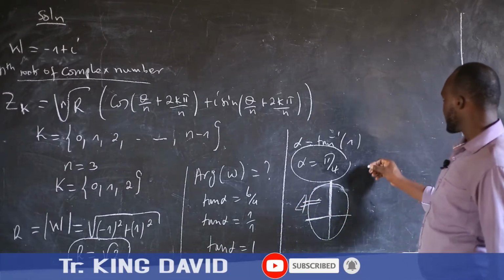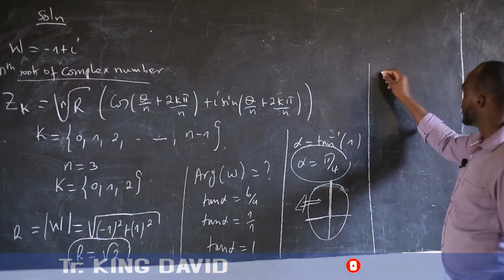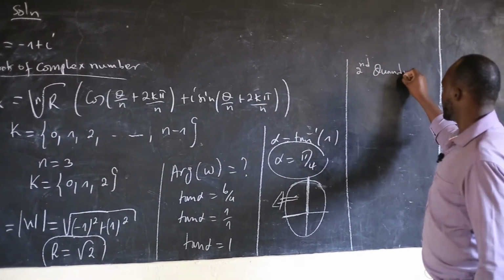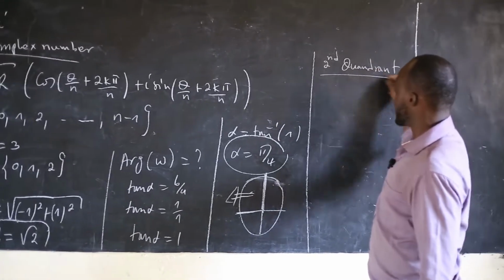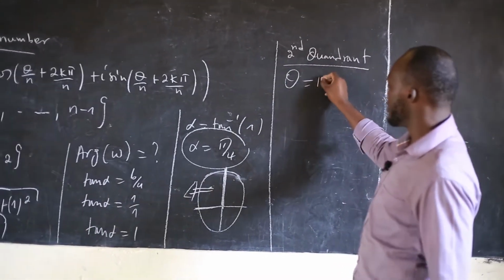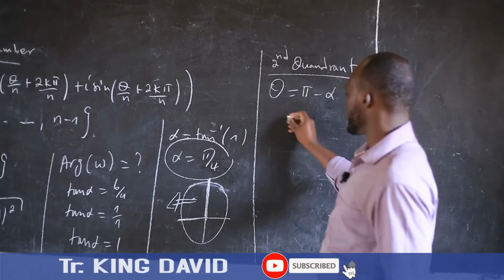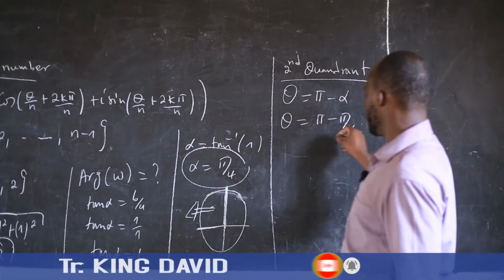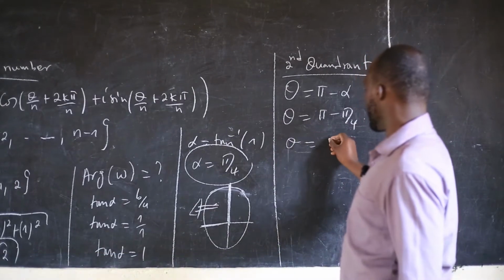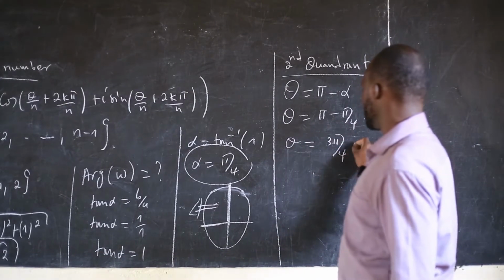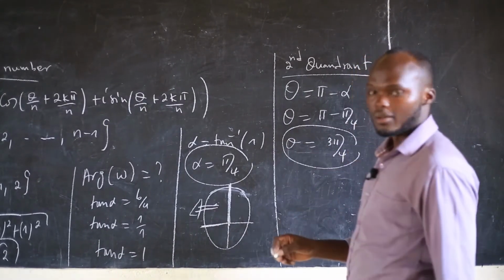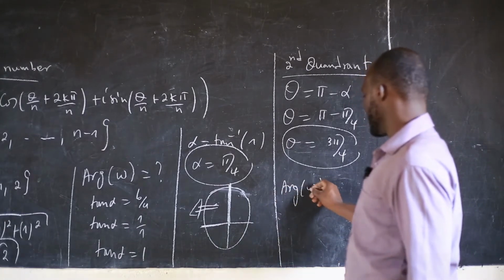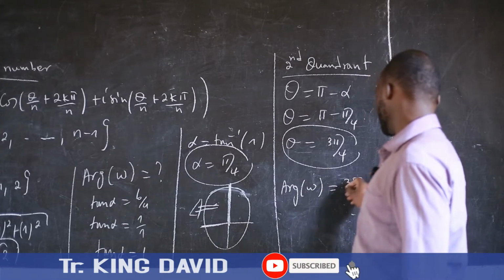And we know that in the second quadrant, our angle is pi minus alpha. So our angle will be pi minus pi over 4, which is 3 pi over 4. So the argument of w is 3 pi over 4.